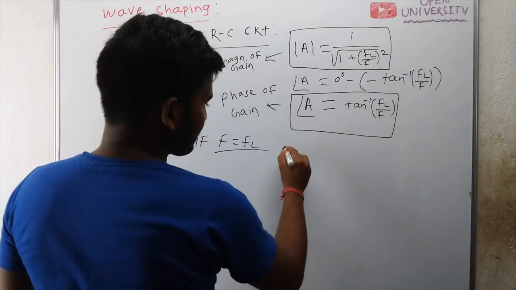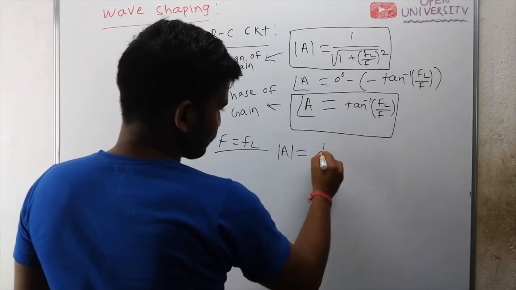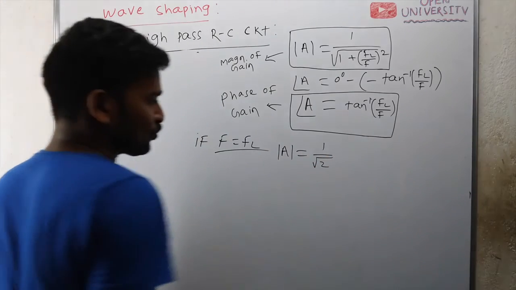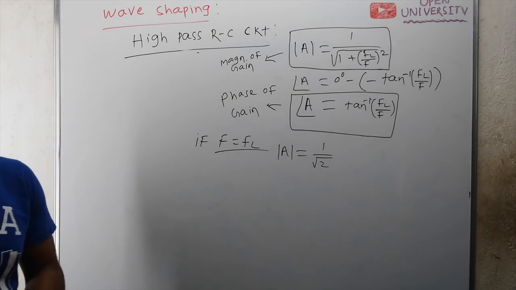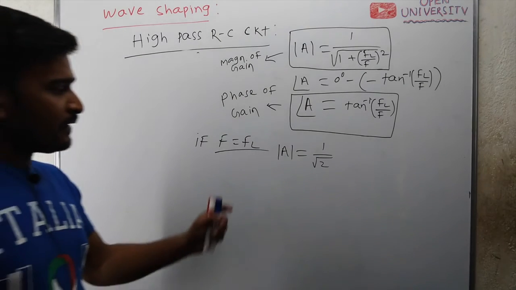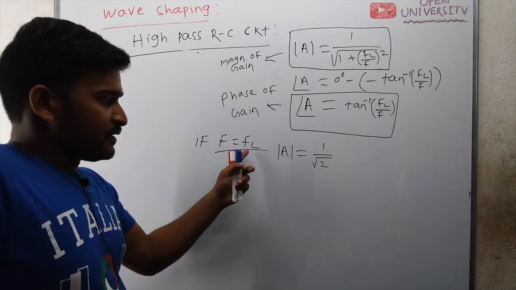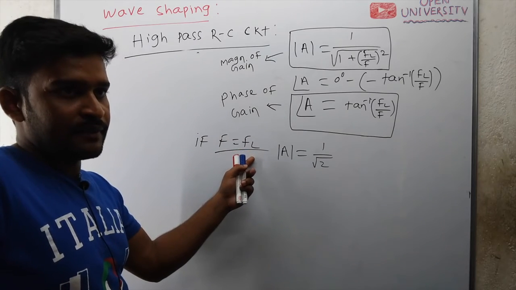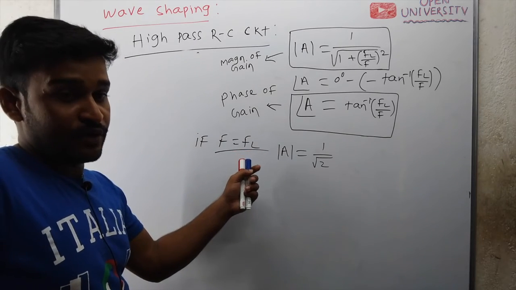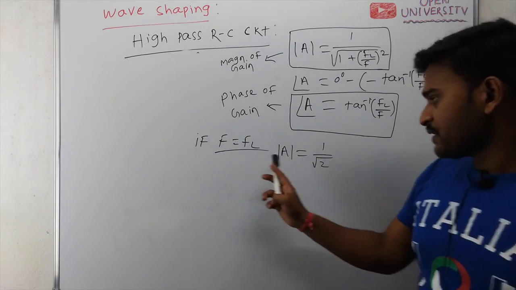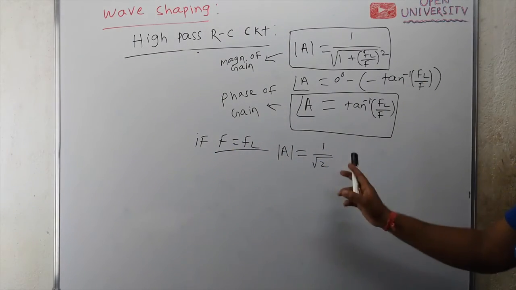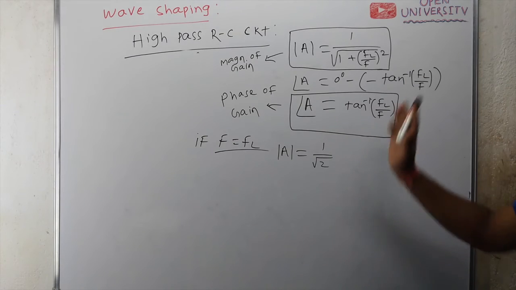So the magnitude of gain will be 1 by root 2. This frequency fL is called the cutoff frequency: the frequency at which the gain becomes 1 by root 2 times the maximum gain.